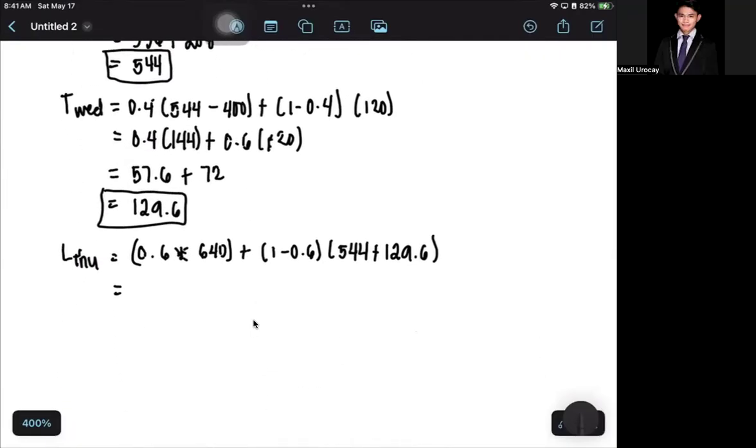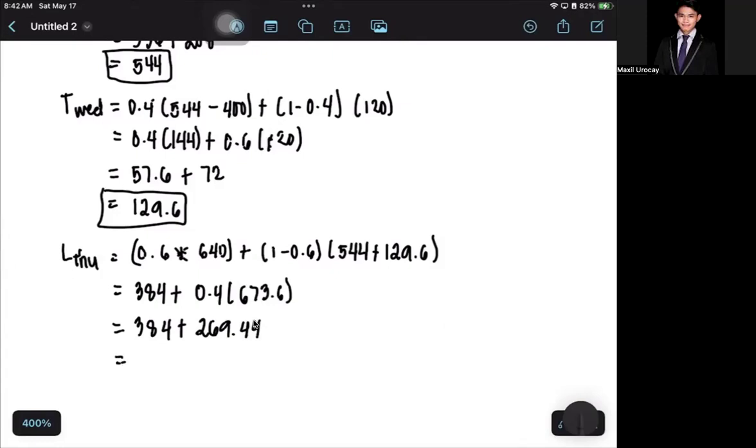Now 0.6 times 640, that will equate to 384. Plus 0.4 times 544 plus 129.6, that will become 673.6 times 0.4, and that will become 269.44.